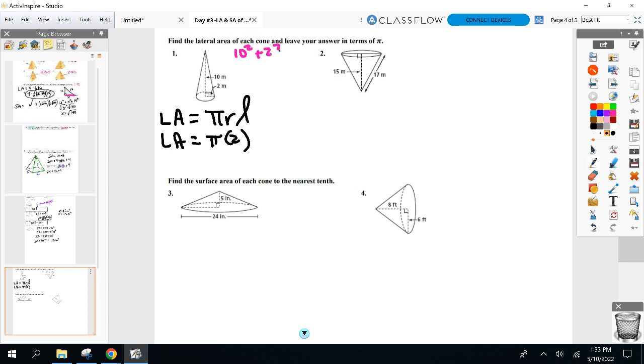Oh, yeah, that's right. You guys aren't going to like this one. We taking the square root of 104? Yeah, I'm sure you are, but you know I don't want that decimal on your calculator.